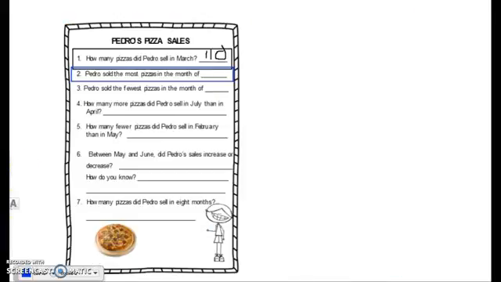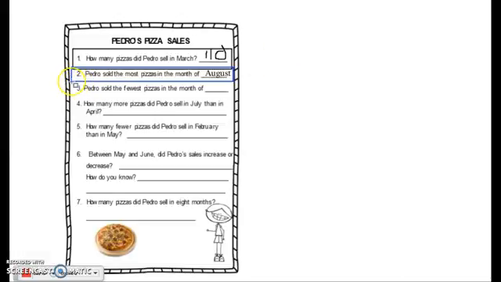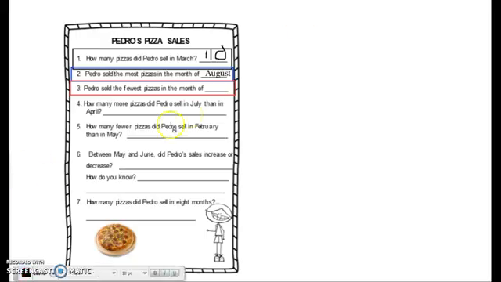So we'll go over here. We'll type August. Pedro sold the fewest pizzas in the month of what? So we have to go back, look for the dot that's lowest on the graph, and that would be 90. That would be January. So we're going to type January here, okay?